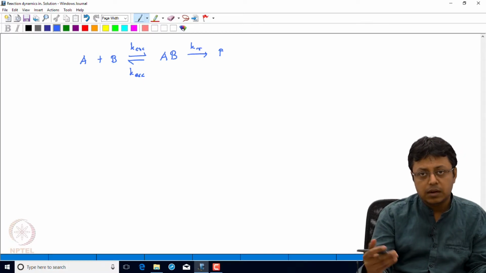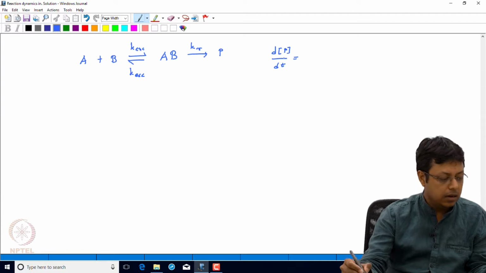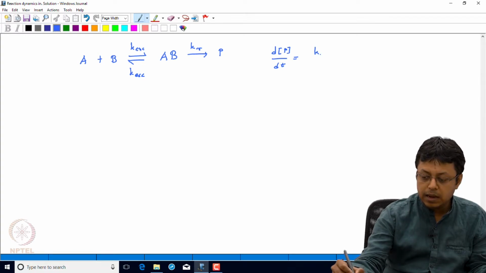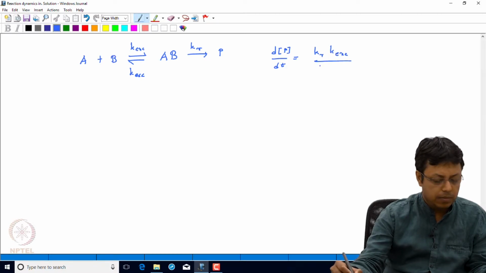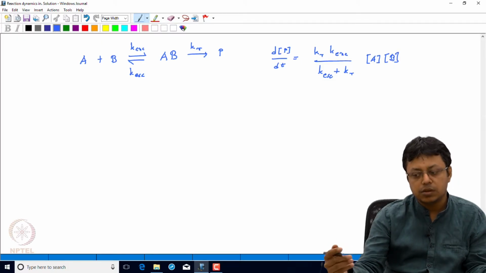Now we know under steady state approximation we can write the rate of product formation. We have done it many times, and that is nothing but Kr, the reactive rate constant, times the encounter rate constant divided by the escape rate plus the reactive rate, times A times B. So this is just the bimolecular reaction in solution.